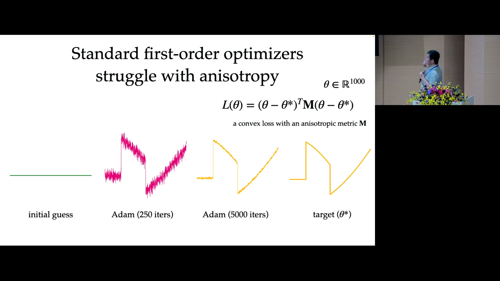And this loss is convex, right? So there's only one global minimum. Theoretically, if you just run Adam long enough, it should give you the global optimum. But it doesn't. If you run it for even 5,000 iterations, you still get this super noisy result. It should converge after maybe 5 million iterations, but we didn't have the patience to wait.